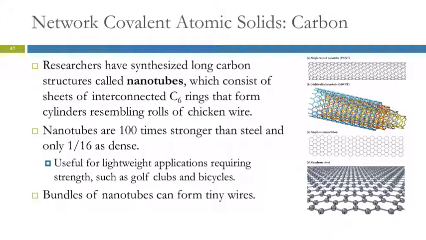You can also make wires out of these because they conduct electricity. You can bundle nanotubes together and form really, really tiny wires. You can also form nano ribbons. So this is just like a long sheet of this C6 rings. It's called graphene.